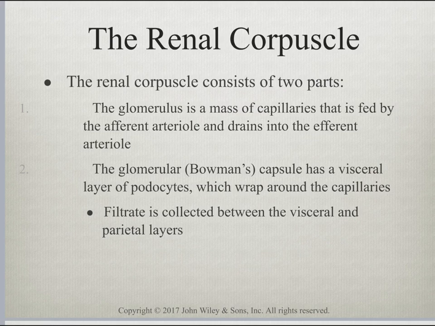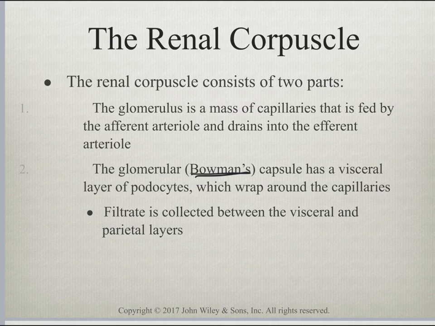The outer ball is Bowman's capsule, right? It is this visceral layer of podocytes, which is going to wrap around the capillaries. Basically, what it's doing is forming a filtration barrier. The filtrate is going to be collected in that space between the visceral and the parietal layers. Now, if we go inside to that inner ball, this is the glomerulus. It's going to be a mass of capillaries.